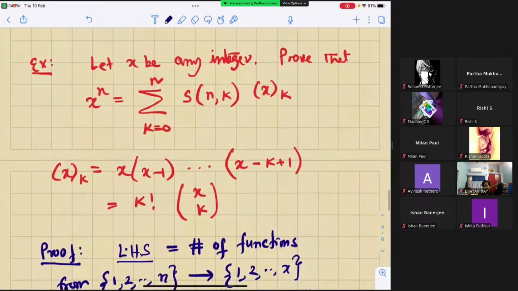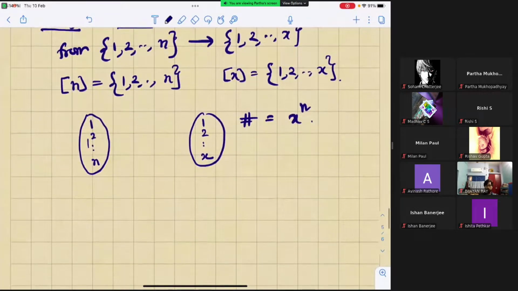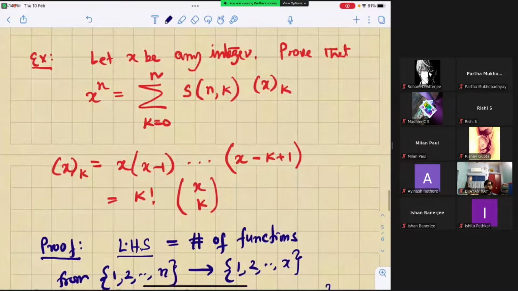Now how do you count the right hand side? It's rather simple. Look at the summation over k. This magical number tells you what to do. You do not know whether some boxes will be empty, so allow that emptiness.